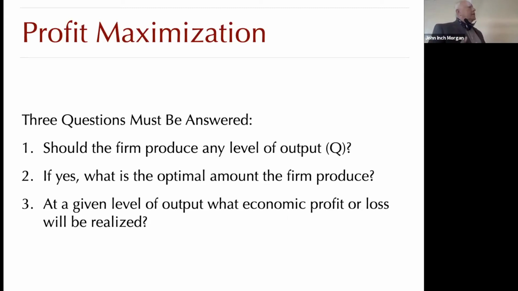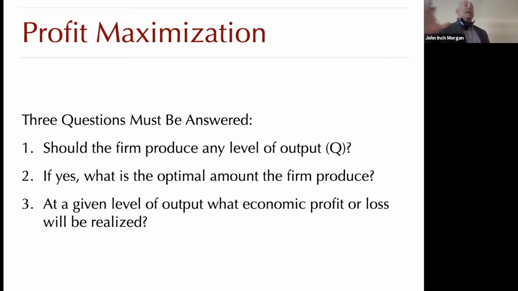But if the answer is yes, what is the optimal amount the firm should produce? And one of the things that a lot of people miss is, how do I maximize profit? Well, it is really related to your total output, how many units you produce, because at some point, especially when we look at the marginal principle, we're going to be saying, if I produce one more unit, am I going to bring more revenue into the company?